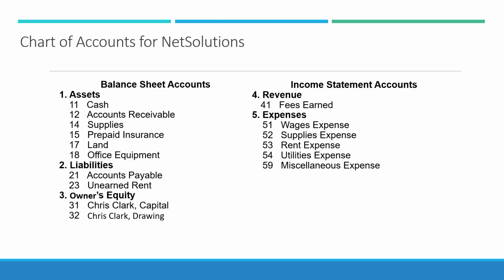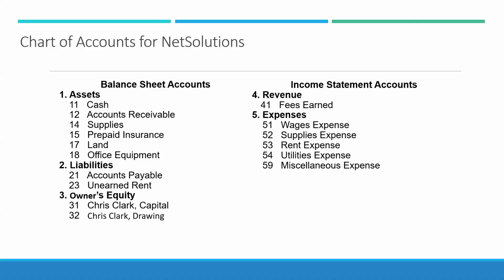Then we have owner's equity, which can be the individual's investments in the company, or the amount the individual may have taken out for drawings. And then ultimately, the income statement flows back into the owner's equity section, doesn't it? The revenues, or you see how this says fees earned.